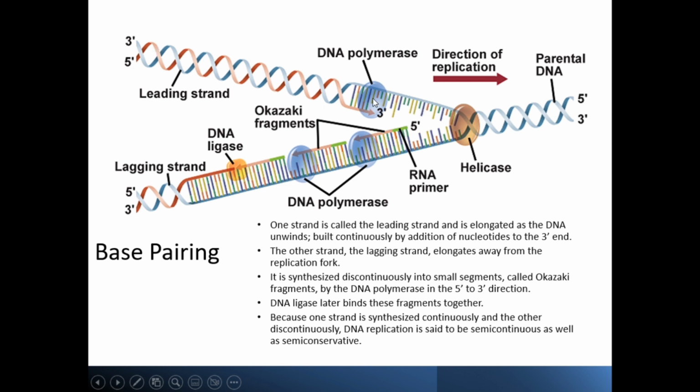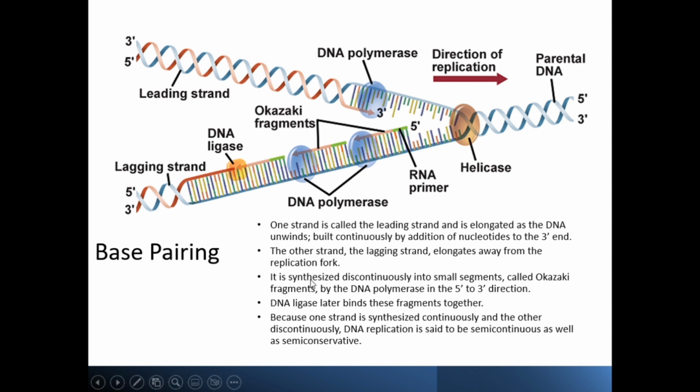The double strand of DNA unwinds with the help of the helicase enzyme, and the leading strand is formed with continuous formation of the new strand. However, on the lagging strand, Okazaki fragments are formed, and that is discontinuous formation of the new strand.